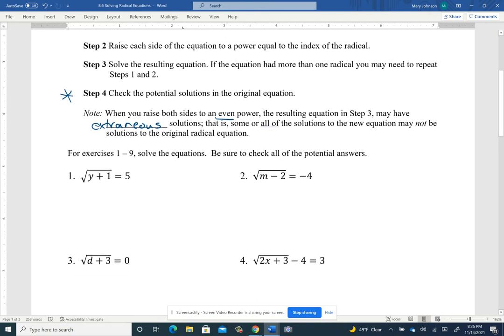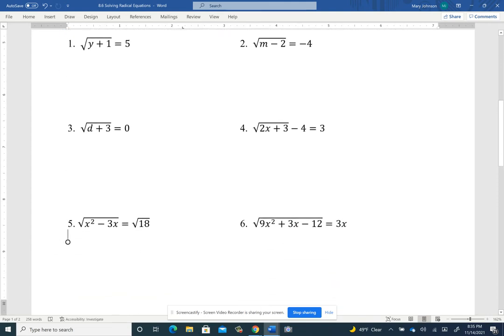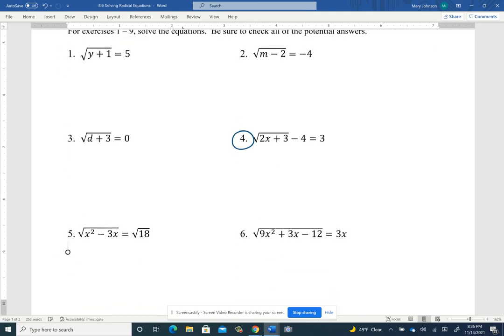All right, so let's go ahead and take a look at a problem like number 4. On that one, I see a square root there, but it has that -4. So the first thing I'm going to do is add 4 to both sides, to try to get the radical by itself.